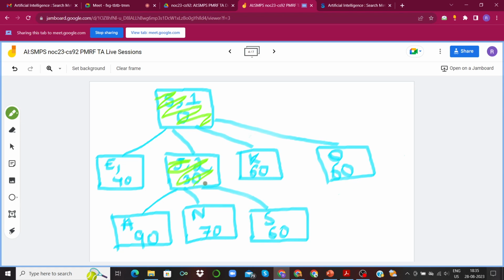Let us mark this S node with green to say that we have already refined this particular node, and this J also. Now, whatever nodes in the graph have not been refined or explored as of now, we are going to consider all such nodes. So we are also going to consider E, A, N, S, K, and O. This basically means that we are going to consider different possible paths to start with.